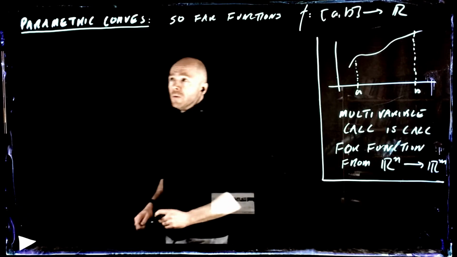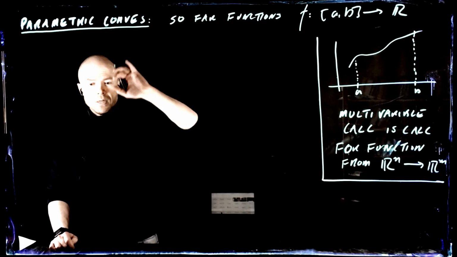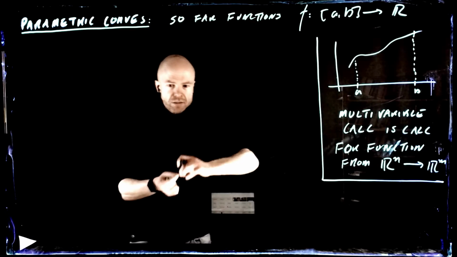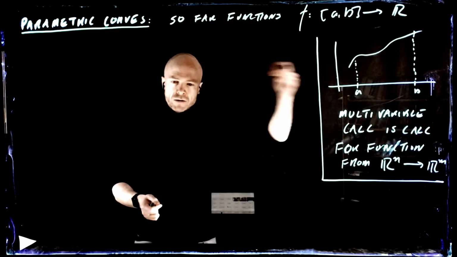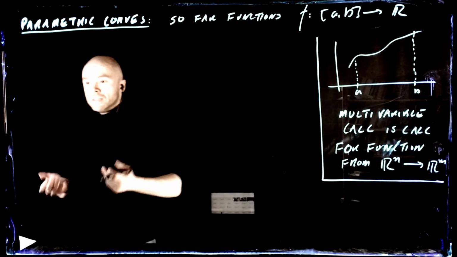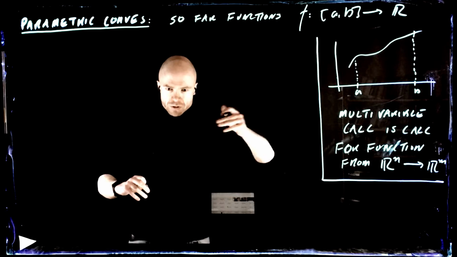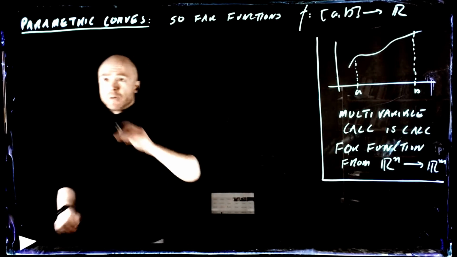Okay. And what we're doing now is we're starting to reduce this with this topic, which is the easiest step out from the world of calculus from R to R. And what we're going to be doing here is doing calculus from R into R2. Okay? That's what parametric curves are.